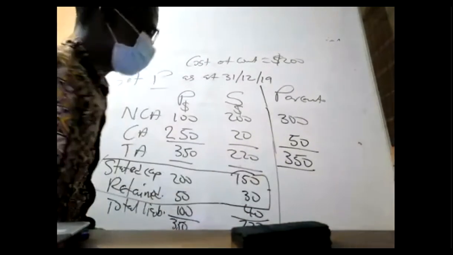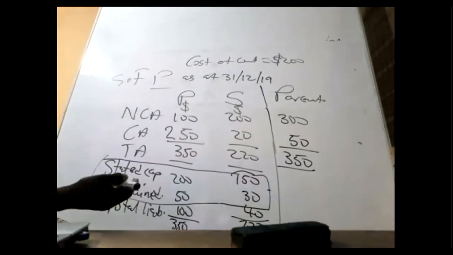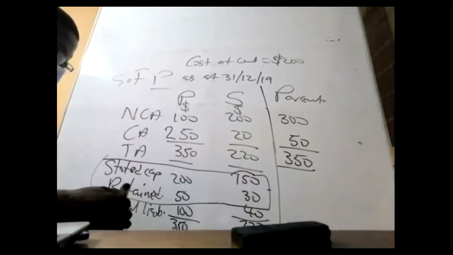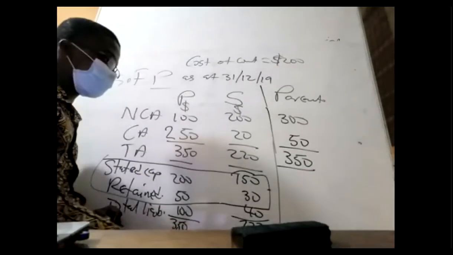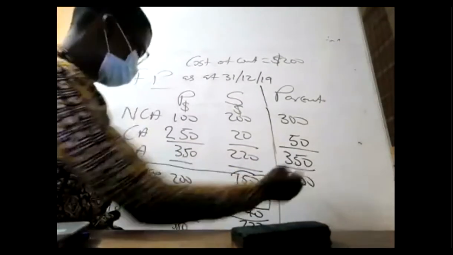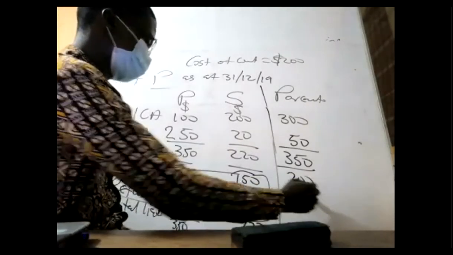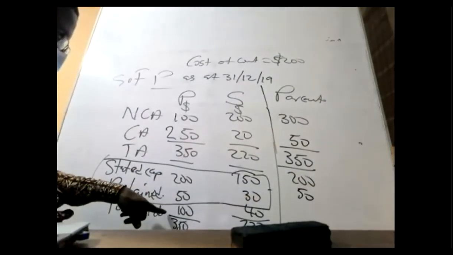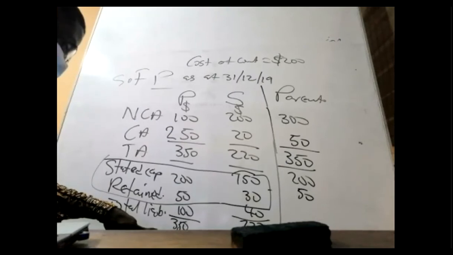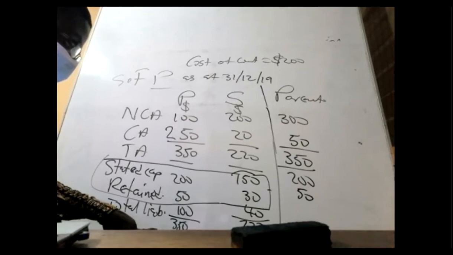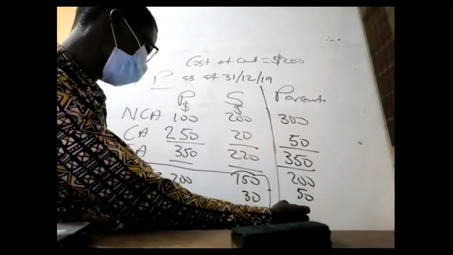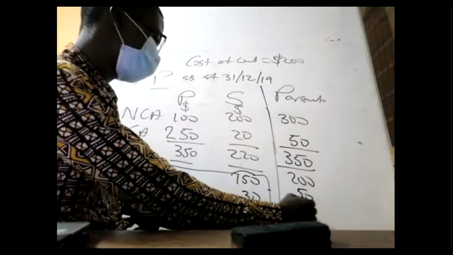And nothing affects the equity and liability side because nothing was affected. So copy everything. Equity is still 200, retained earnings is still 50, and this will still be 100.